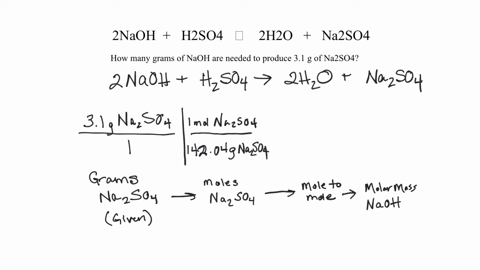Now you can see we can cancel grams of sodium sulfate and we're left with moles. Now we need to convert this to moles of sodium hydroxide, so we use the mole-to-mole ratio. We know that in the numerator, we need moles of sodium hydroxide.